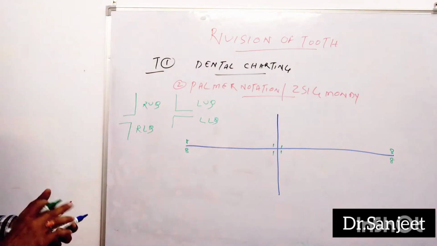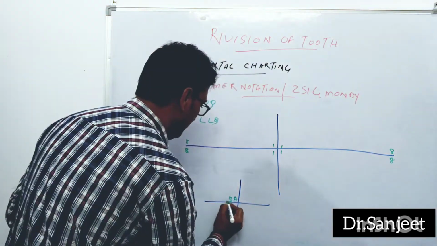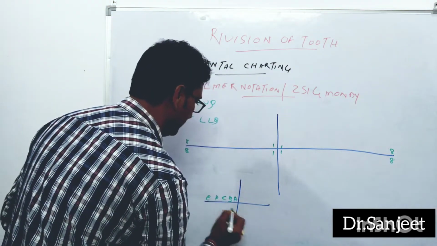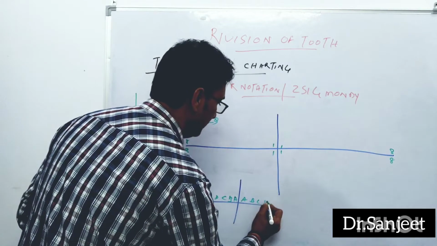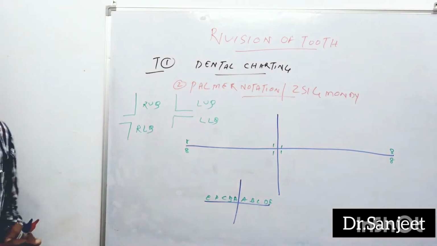This is for permanent tooth. Temporary tooth, A, B, C, D and E. This is the Palmer notation or Zsigmondy criterion.